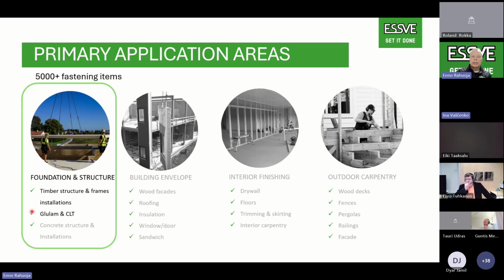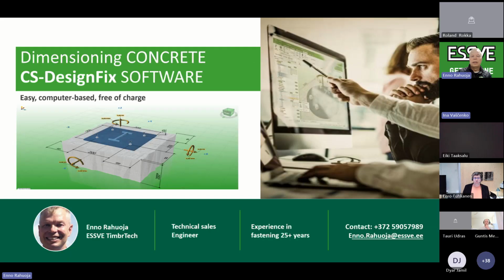More detailed issues we will talk about CLT next time. Previously we were talking about concrete, so here is also a slide about concrete itself. You can find the concrete software on our website. If you don't find it, ask support.